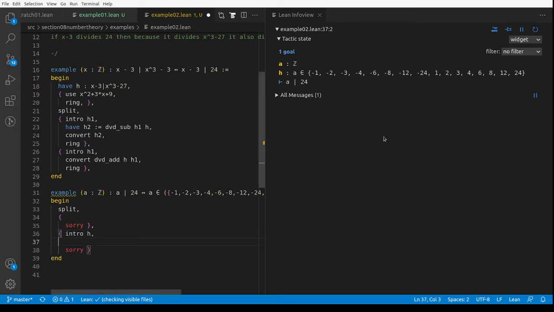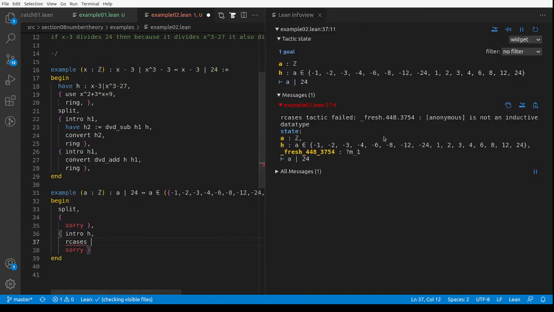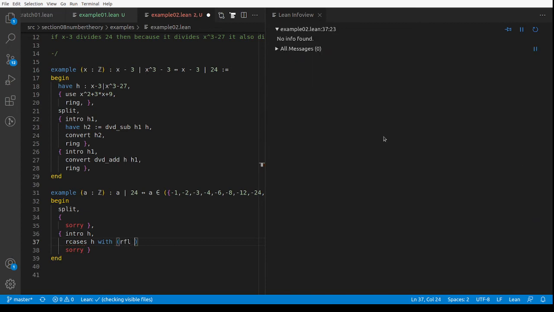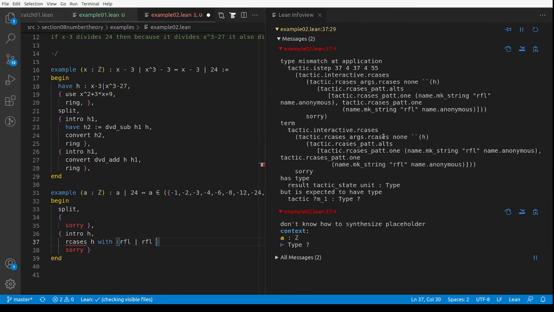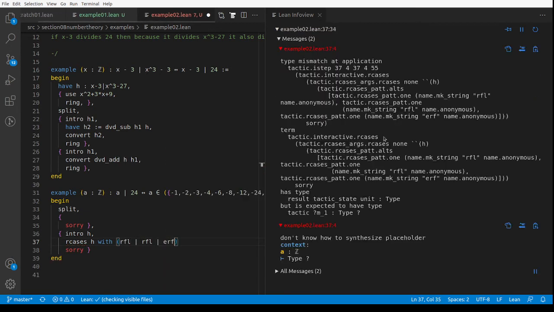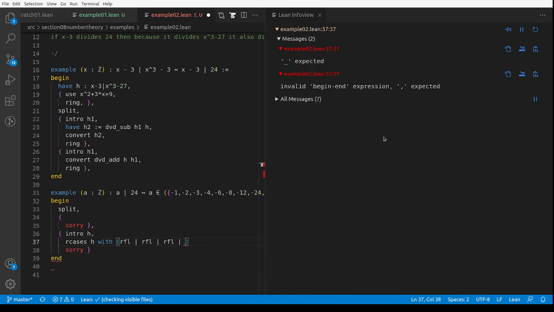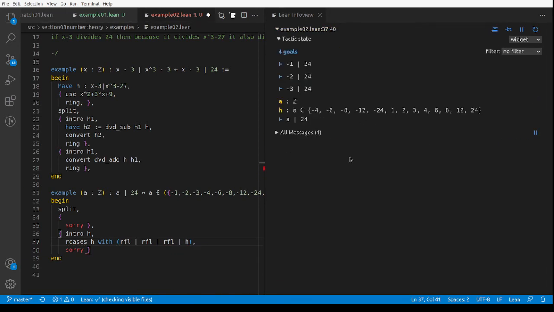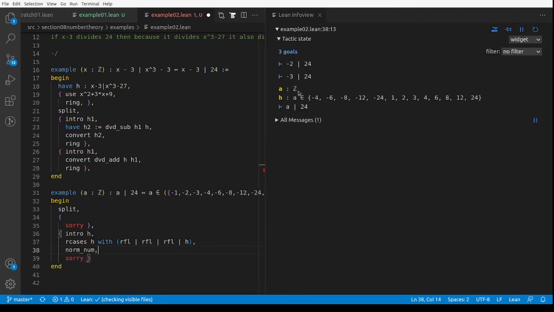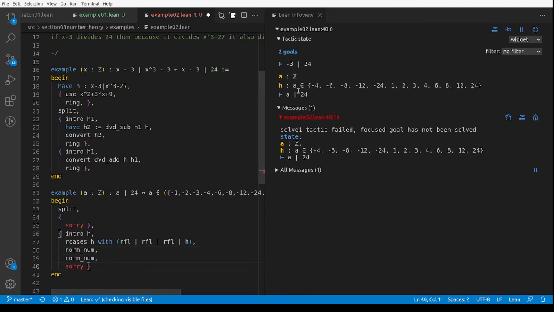And so you could do rcases H with rfl or rfl or rfl, this sort of thing. Let me just show you what's happening here. You see that we're getting more and more goals, and these goals, because they've got numbers, can be solved with norm_num, which knows about division. So norm_num just solved the goals, 3 goals, 2 goals, 1 goal.